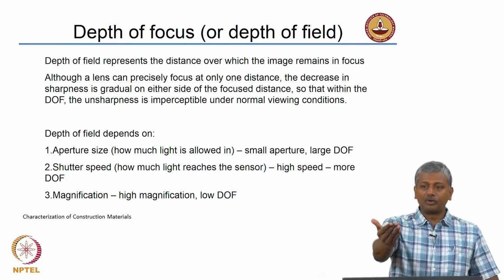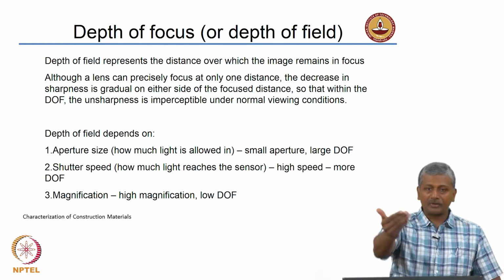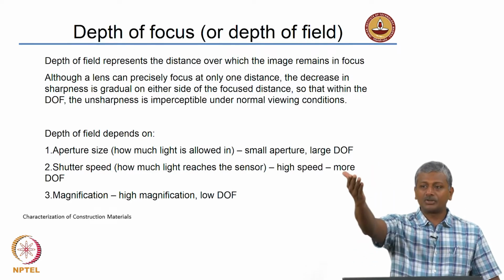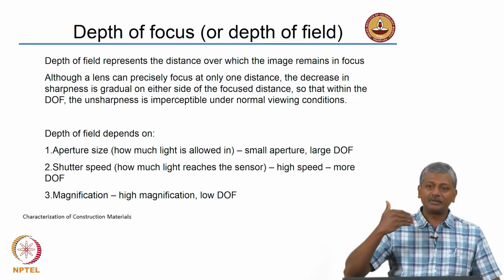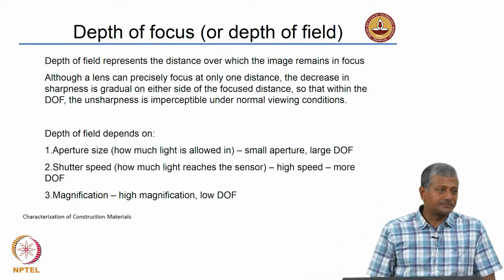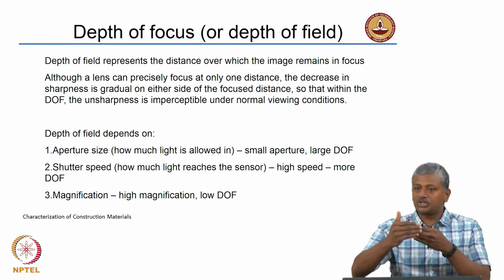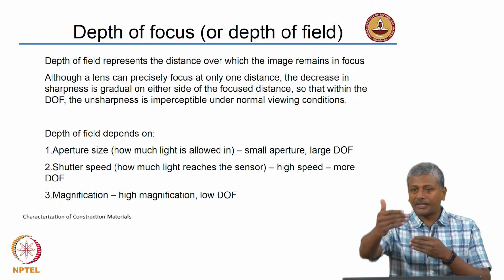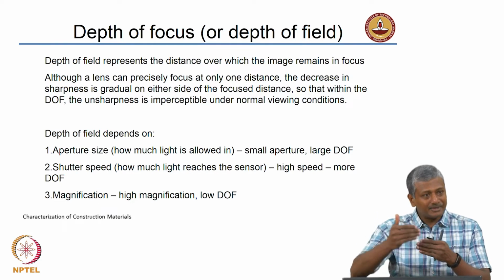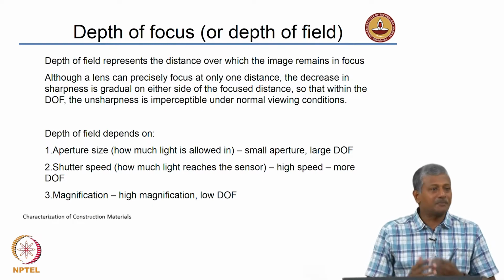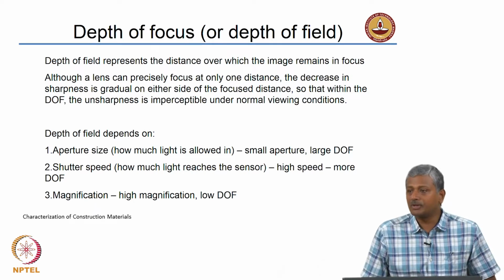Now, if I am trying to focus on a particular plane, or the person sitting right in front, the image of the persons at the back becomes more and more unclear as I move away from the person, but there is a distance up to which I can still focus on the other objects. Although I am trying to focus on one particular location, there is a distance in front and back which are still visible to me quite clearly. That basically is the depth of focus or depth of field.